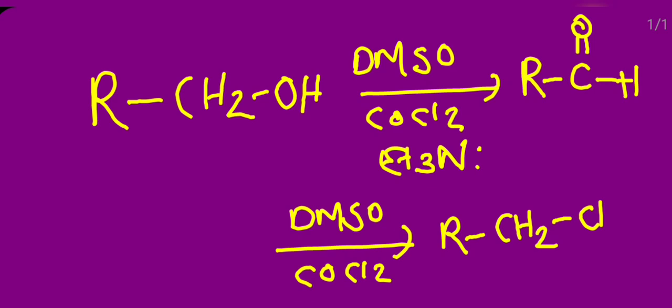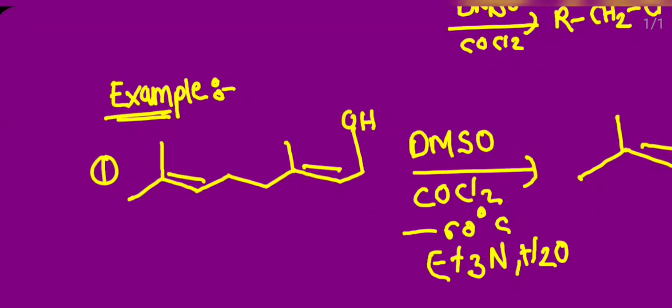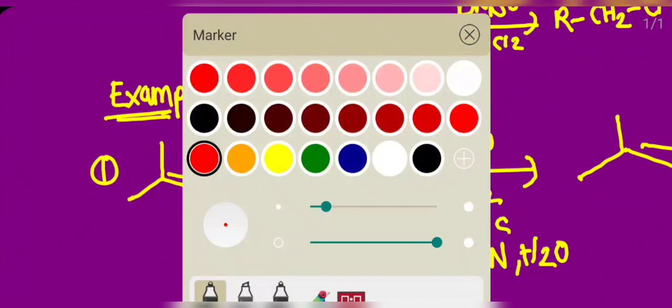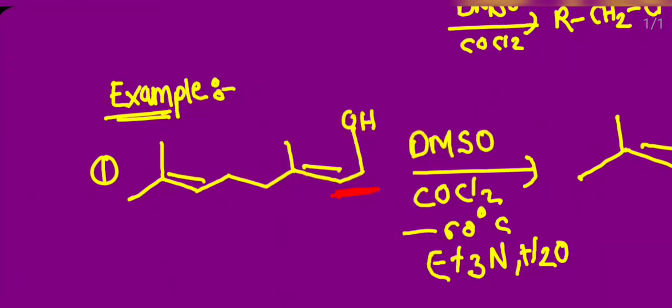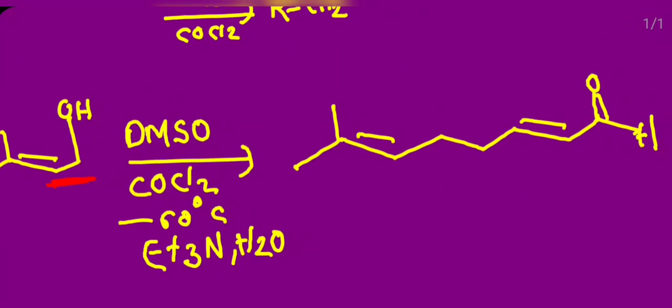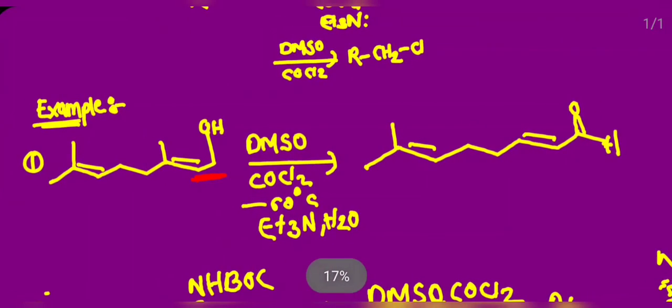After this, we will see some examples using this reagent. Let us look at the first example. We can see clearly DMSO, oxalyl chloride, and a basic medium is given. That means this is a Swern oxidation, and this alcohol is a primary alcohol. Then what will be the product? We will get the aldehyde as our product, as the oxidation of primary alcohol to the aldehyde occurs.